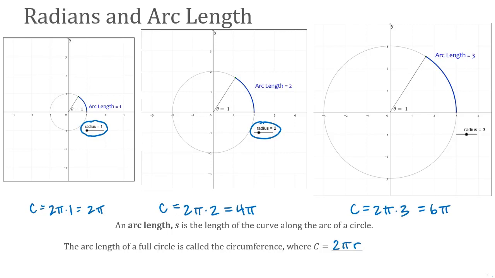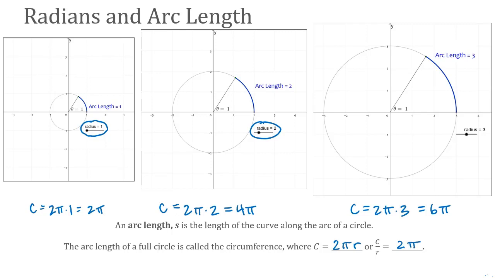What this confirms is that even though the circumferences of the circles may change, the ratio of the circumference to the radius measure does not change. And that's evident by the fact that all of these thetas are equal to 1. So, in fact, C, which equals 2 pi r, can also be written as C over r equals 2 pi.